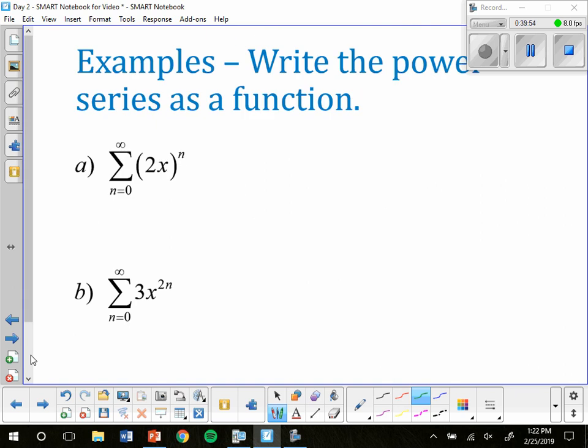Last 2 things. These are super fast. We want to write these power series as functions. So the first one we're going to look at is the series 2x all to the n, and the series 3x to the n.